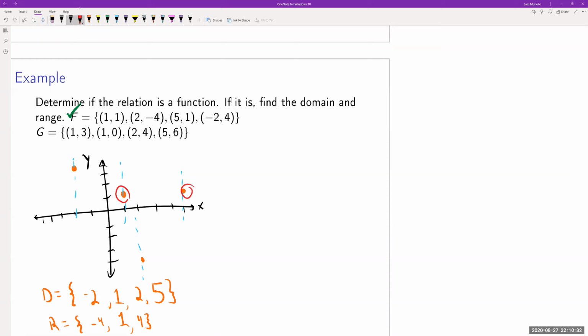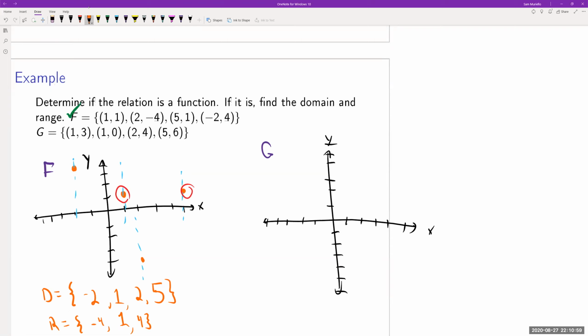Let's take a look at G now. If I'm looking at G, again, I'll make sure I'm labeling here. And I should really even just say this one is F and this one is G, so it's super clear. Looks like I go up to 5 either way. And then I'll need to go up to 6 here.